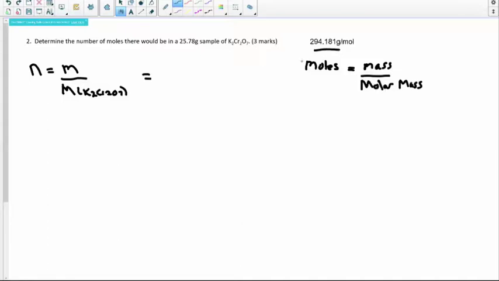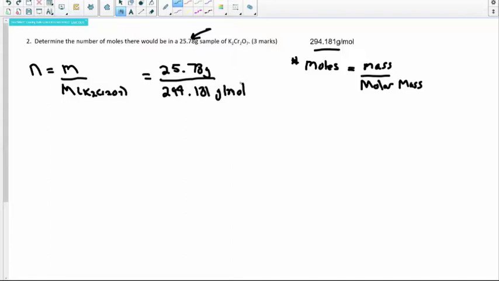So moles, number of moles, is equal to mass, the mass of the substance, and that mass of the substance is this, 25.78 grams. So what we're going to do is put that up here, 25.78 grams, and divide it by the relative atomic mass of potassium dichromate, which is 294.181 grams per mole.